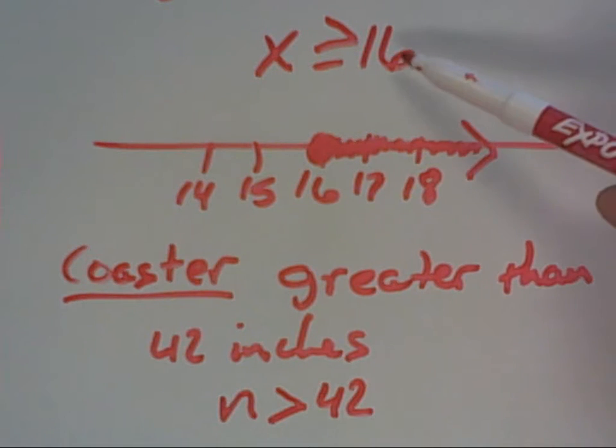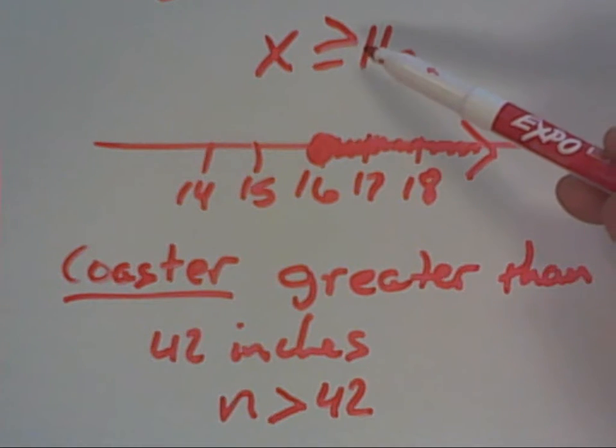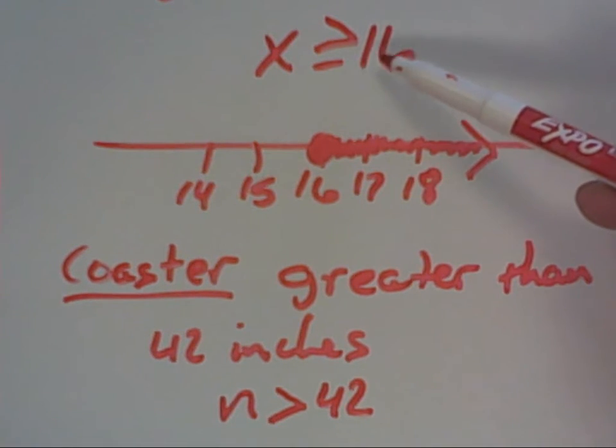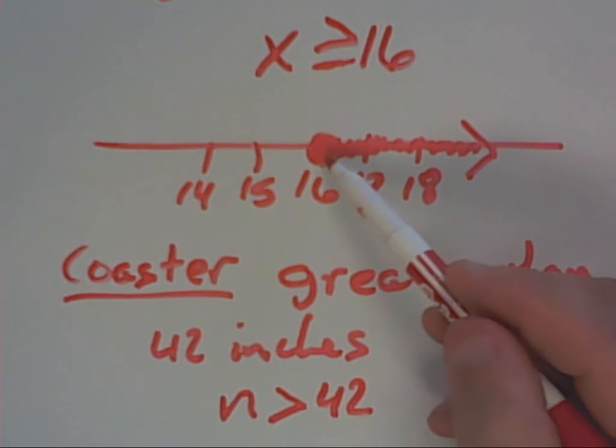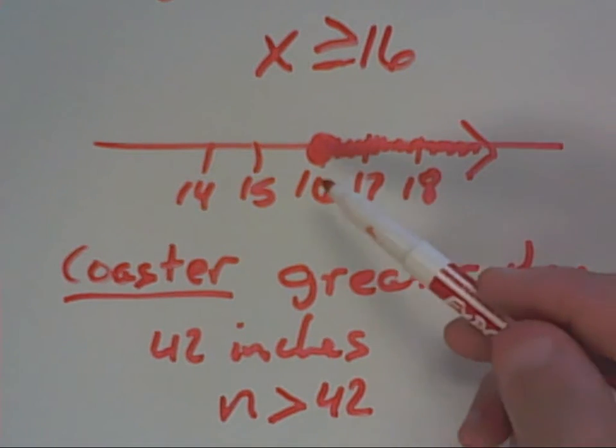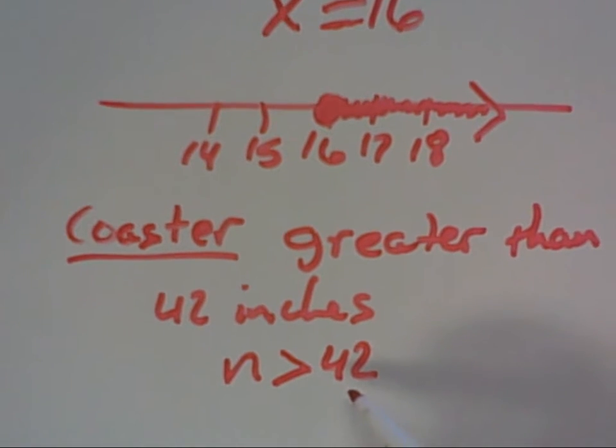I want you to look at the similarities here. This is greater than or equal to 16. That's what the little equal sign underneath the inequality represents. It includes 16, which is a closed circle. This down here, n is greater than 42.